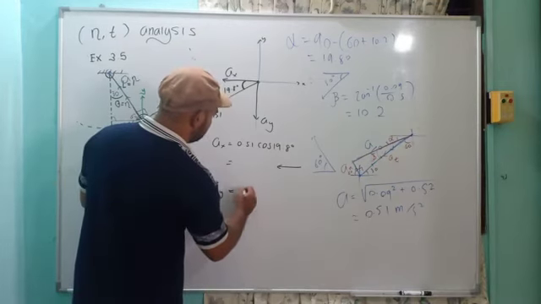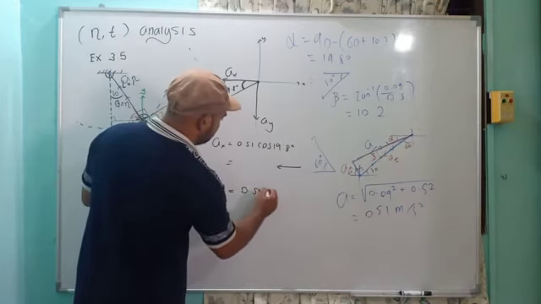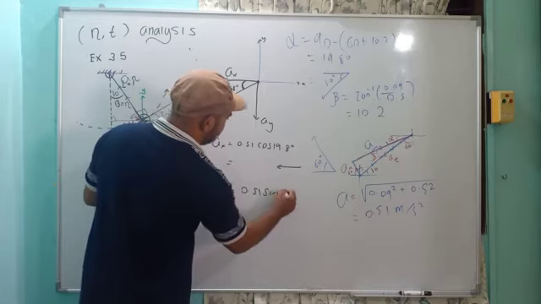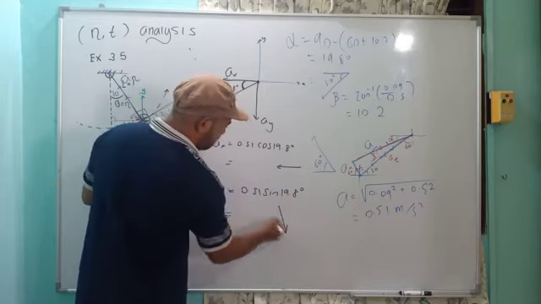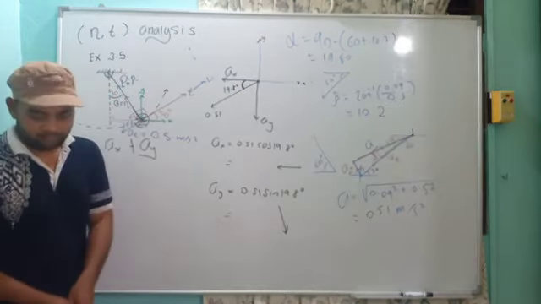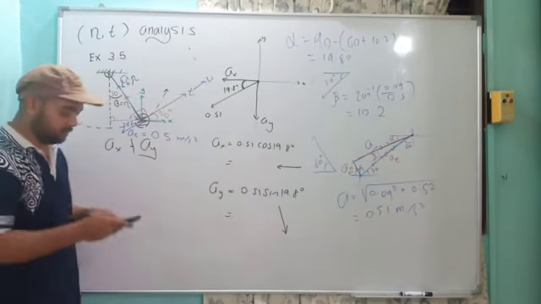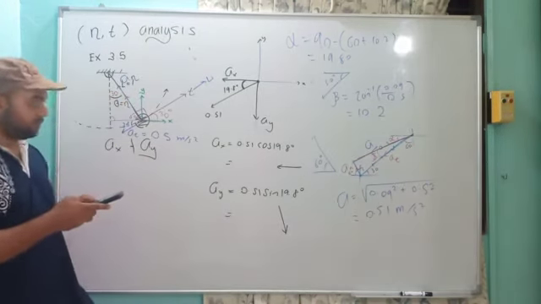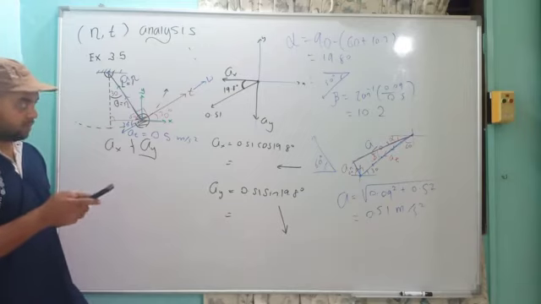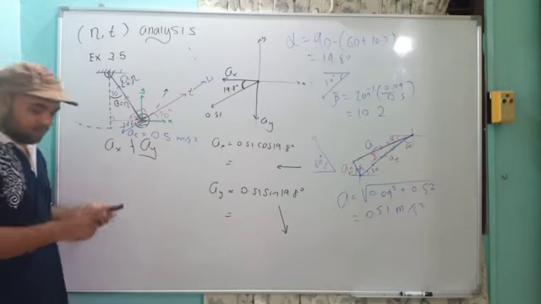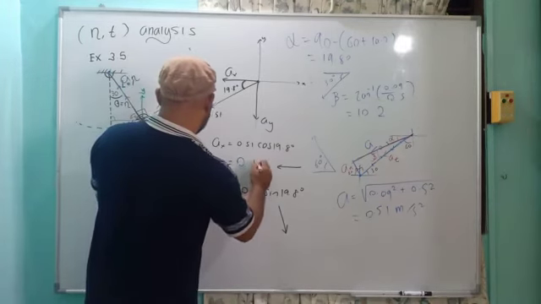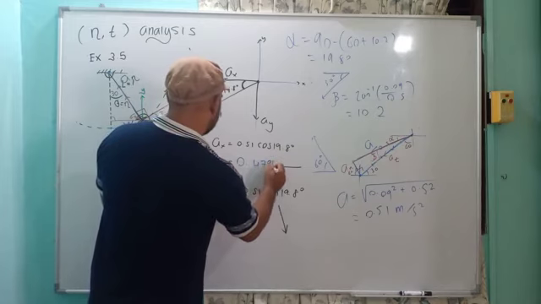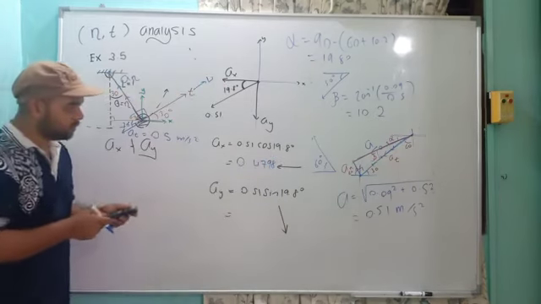AY equals 0.51 sine 19.8 degree. So 0.51 times cos 19.8 is 0.4798, or 0.5 already.